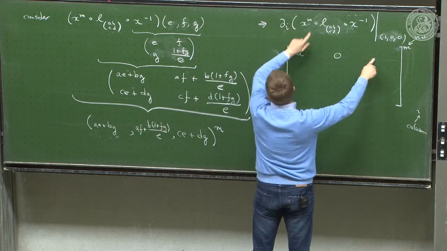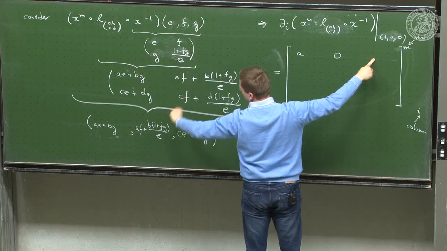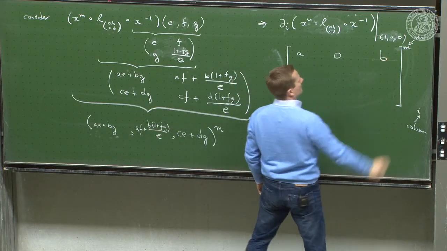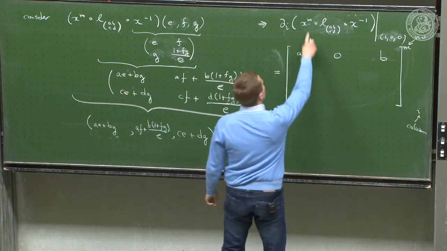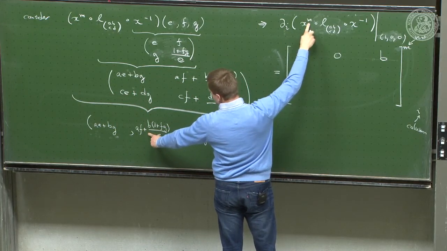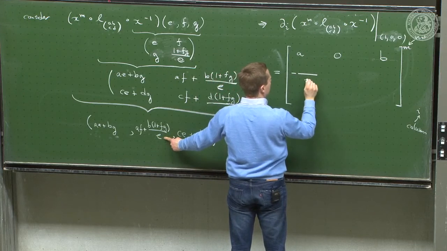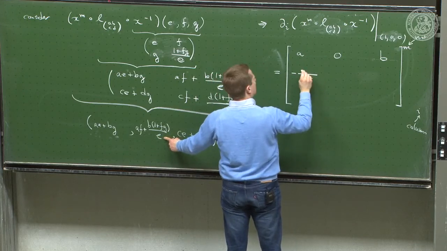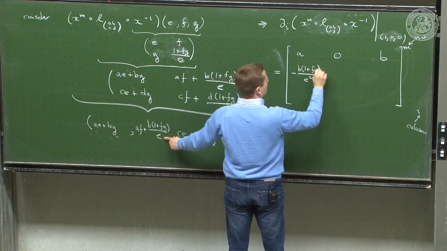And then the first entry with respect to the third, with respect to g, is B. Okay, first line done. We are confident we can do this in general. So we look at the second one. We derive with respect to e. Not a problem. This is minus this thing by e squared of b1 plus fg. Agree?